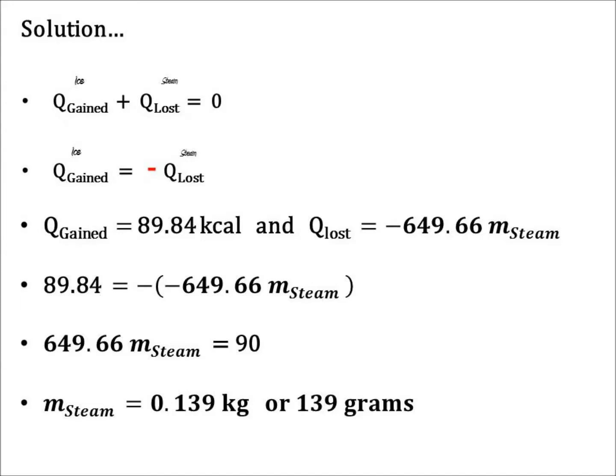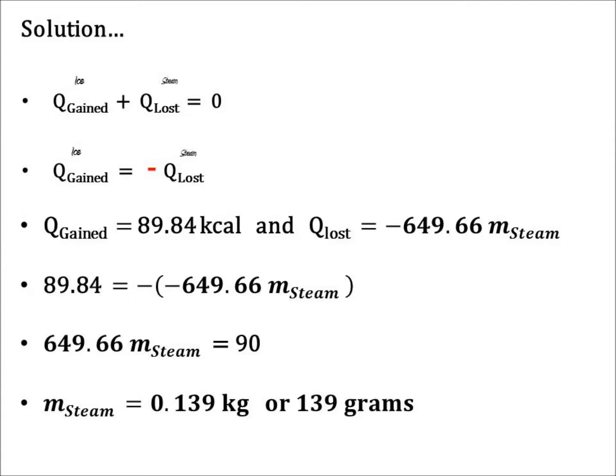The heat lost is going to be negative 649.66 m steam. So it's going to be 89.84 equals the additive inverse, negative 649.66 m steam. Using the property of symmetry, I'm just flipping it.